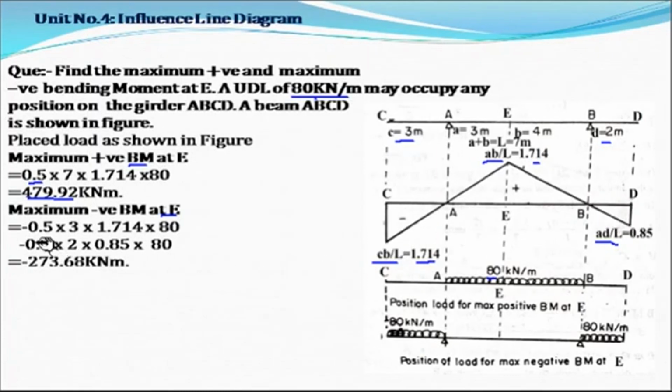So here minus 1/2, the length of CA is 3 and the height of the ordinate is 1.714, into the intensity of the UDL, which is 80. Here 1/2, the length is 2, height is 0.85, intensity of UDL is 80, and if we solve this, we'll get the maximum negative bending moment at the section E.